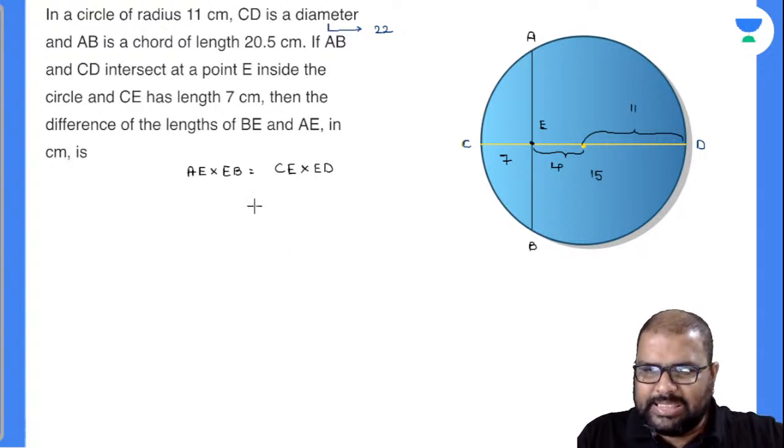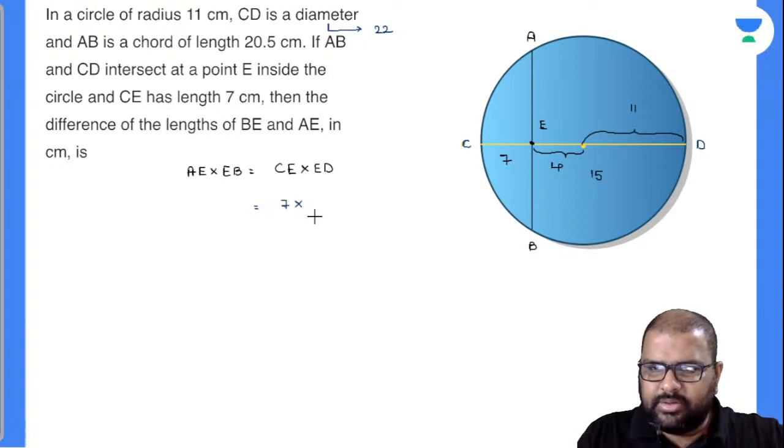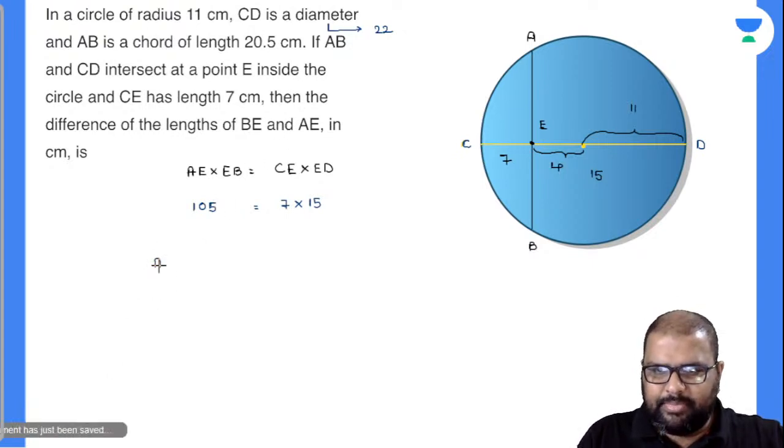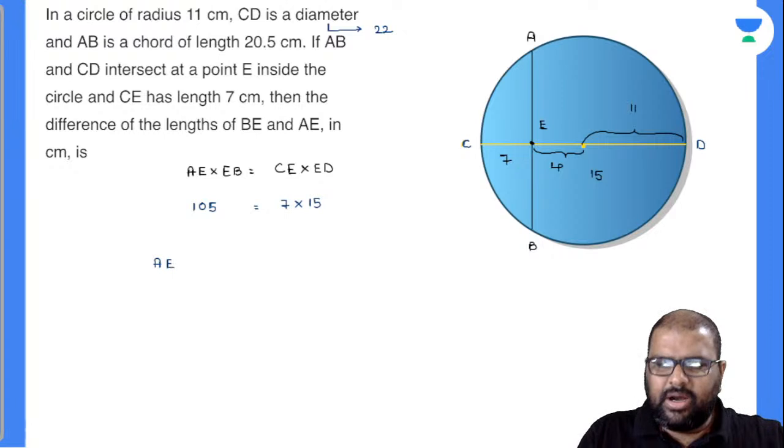Now, how much is CE? CE is 7. ED is how much? 15. So AE into EB is equal to 105. You are asked to find AE minus BE, the difference. Can I write the same formula? See here, this is in the format of A minus B whole square.